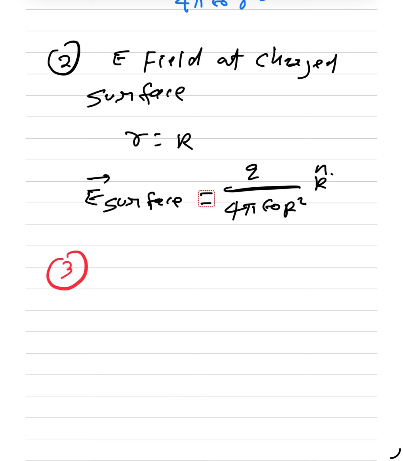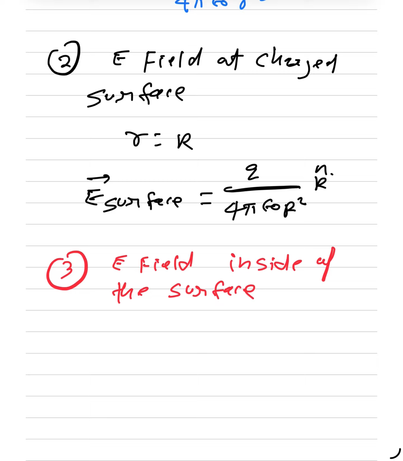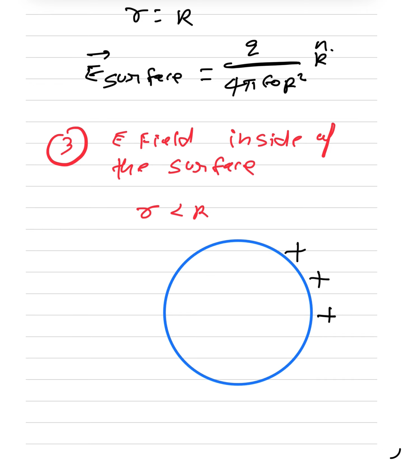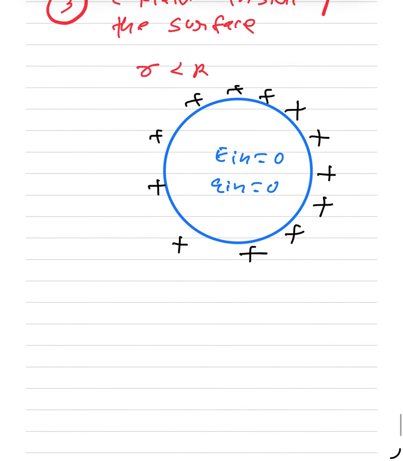And the electric field inside the surface, meaning small r less than capital R. In this situation there is no electric field inside, because the total charge is distributed on the surface of the conducting spherical object. Q inside equals 0, so there is no electric field.